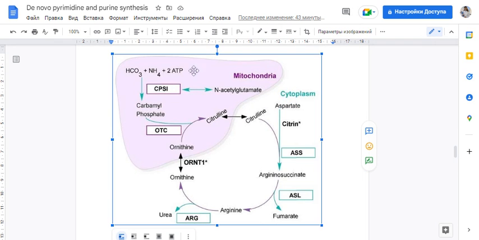Here you can see the urea cycle, which is in the liver, particularly in the mitochondria, adding bicarbonate, ammonium, and two ATPs to form carbamoyl phosphate using the enzyme carbamoyl phosphate synthetase 1. You have to know that the nitrogen source is ammonium here.